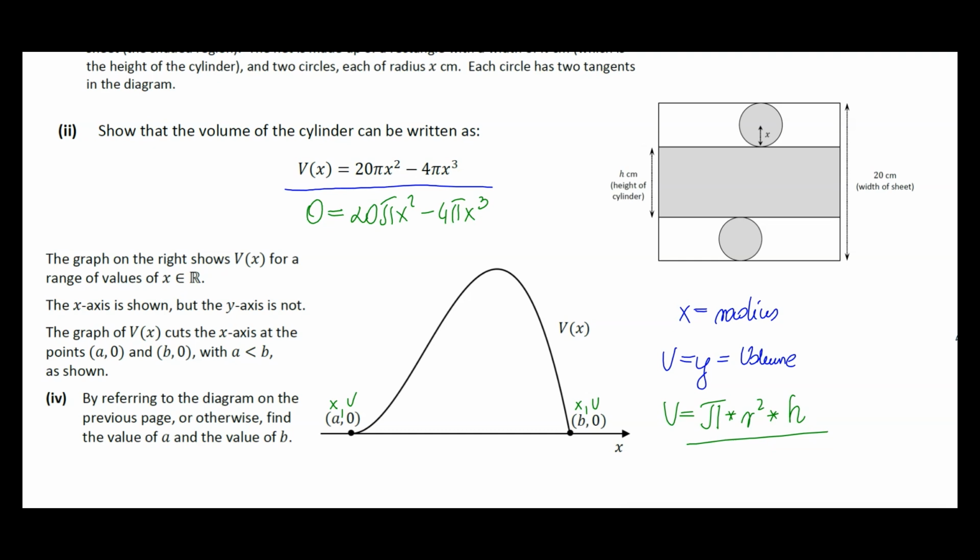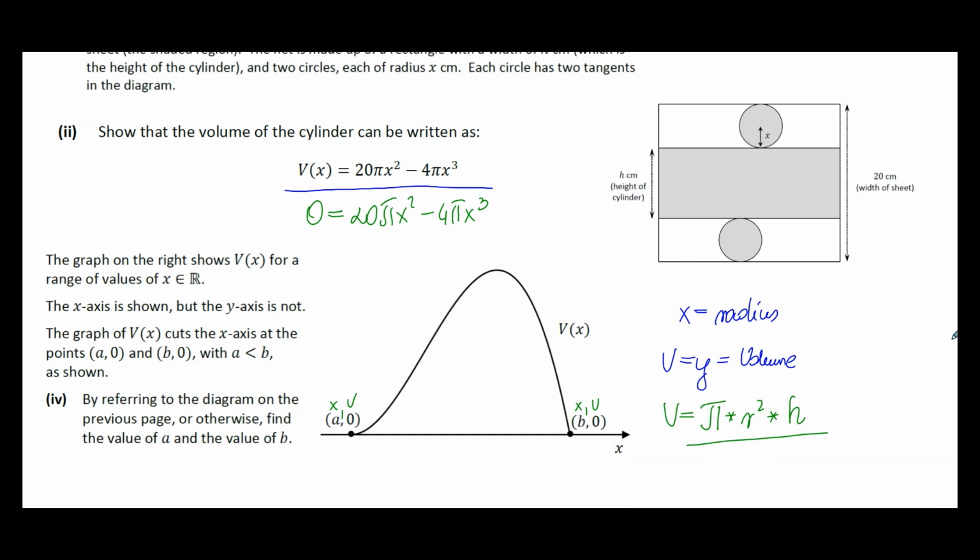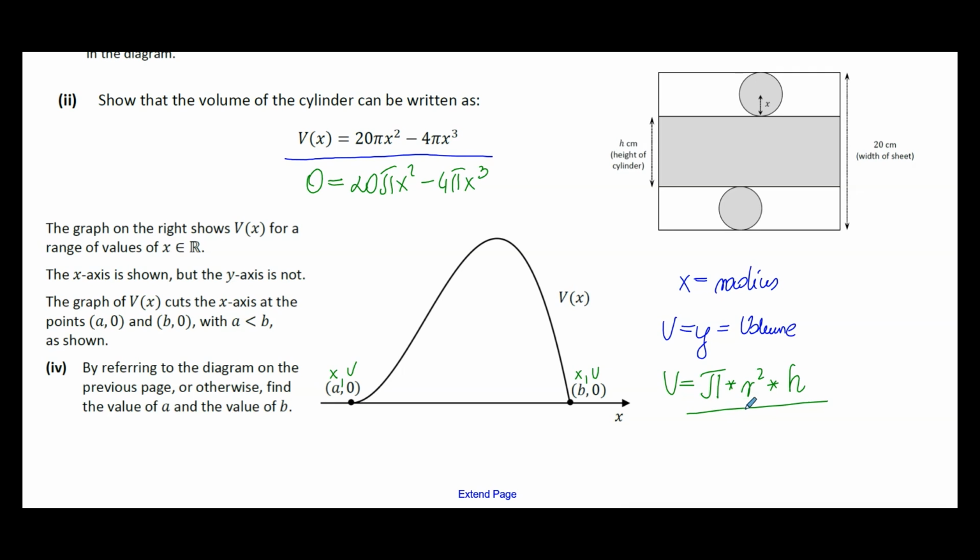So that's what I have to think about. In what situation will I have 0 for the volume? Here, the radius is x. So obviously, I'm going to have 0 for volume if the radius itself is 0, so if x is 0, and the other one is about h.